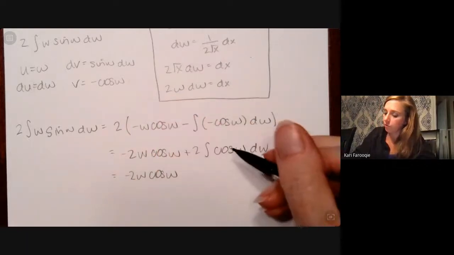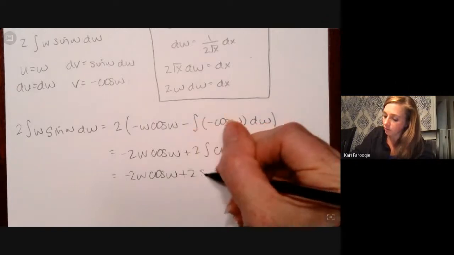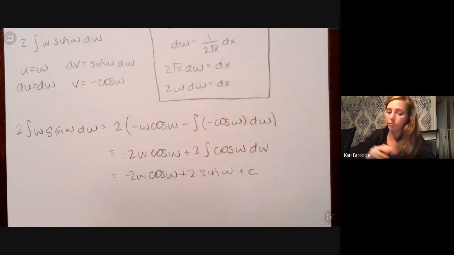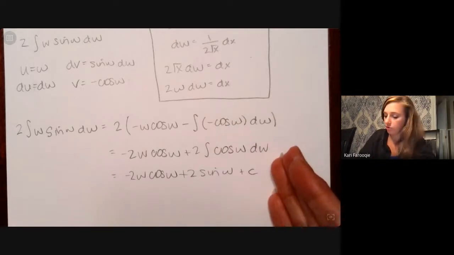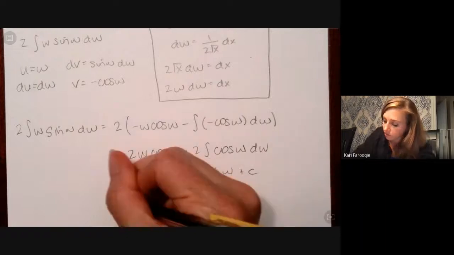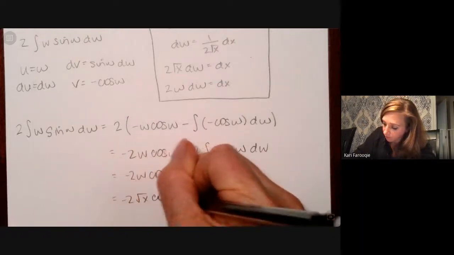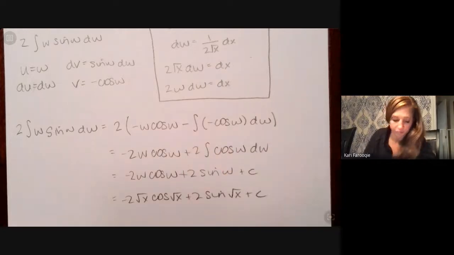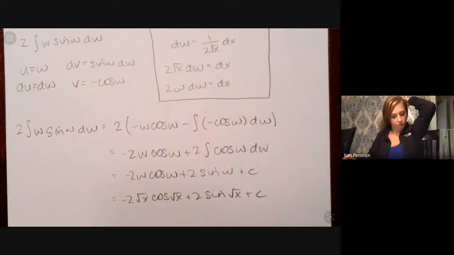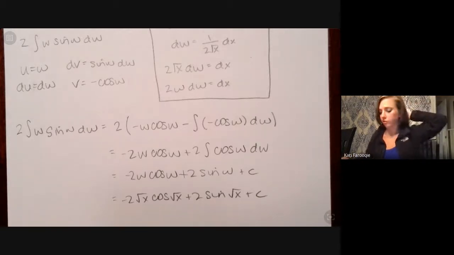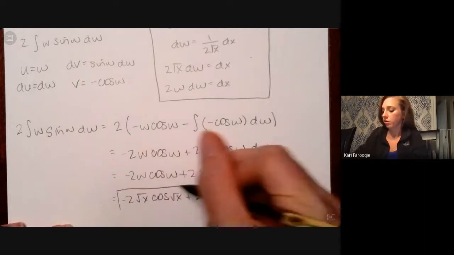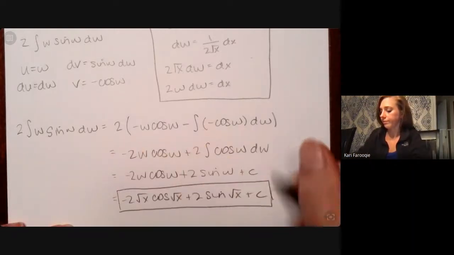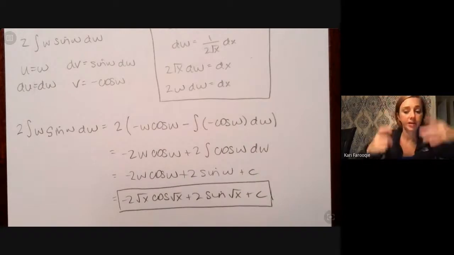So the integral of cosine is sine w plus c. And then we'll back substitute. We know that w is the square root of x. And you will have, yes, positive 2 sine root x minus 2 root x cosine root x plus c. And that's it.